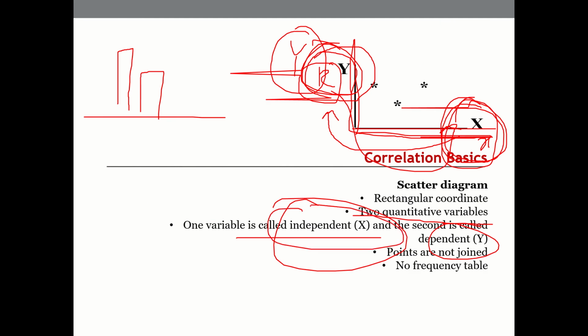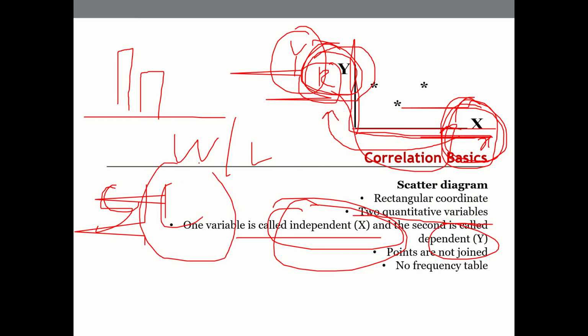Okay, for example, let us say we have income and expenditure. Here expenditure is a dependent variable. Why? Because expenditure depends on what is the income and what is the level of income that we have. Another case, let us say we have smoking. A common example that you find in the book is smoking and cancer, right?